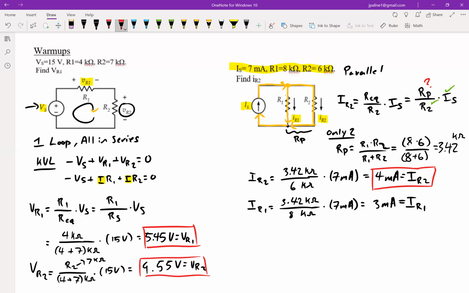And if we go do a quick KCL on it, so this is IR2, this is IR1, this is I of S. We see that 7 comes in here, 4 goes out, and then 3 goes out. 7 is equal to 4 plus 3. So that satisfies the conservation of current. Okay.